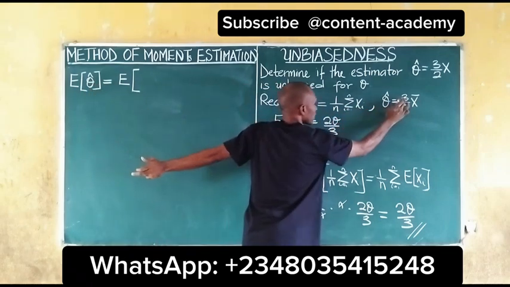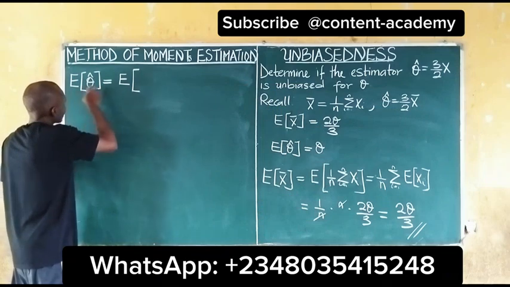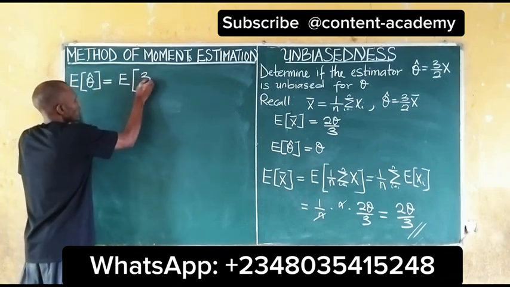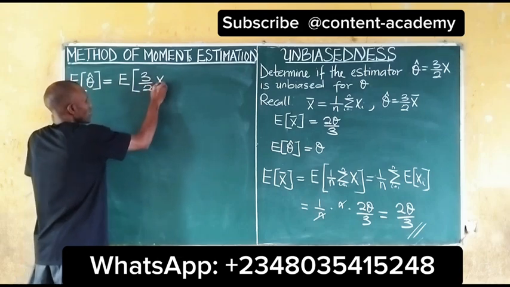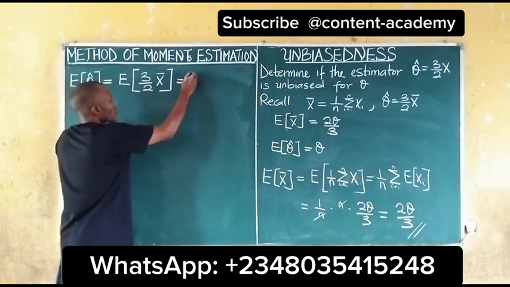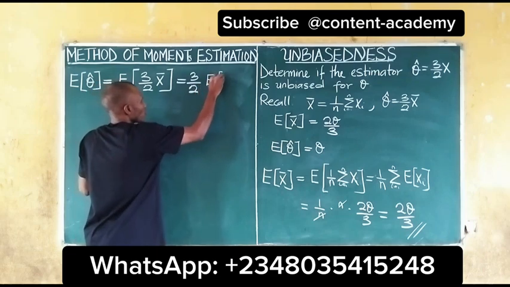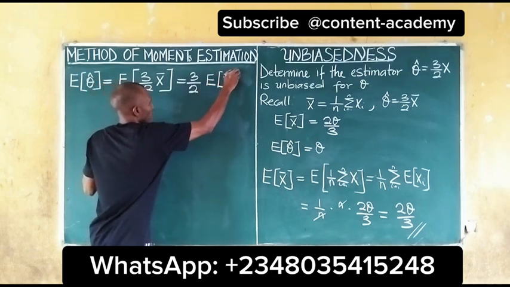Our theta bar is 3 over 2 x bar, which is the same thing as, if we bring out the constant, 3 over 2 then the expectation of x bar.